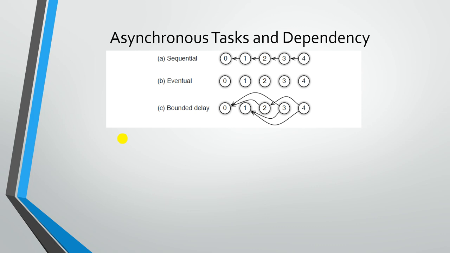The last one is bounded delay. This is an important one. It is a trade-off between sequential and eventual dependencies. In here, you can set a maximum delay time. Assume it is tau, the Greek letter tau.